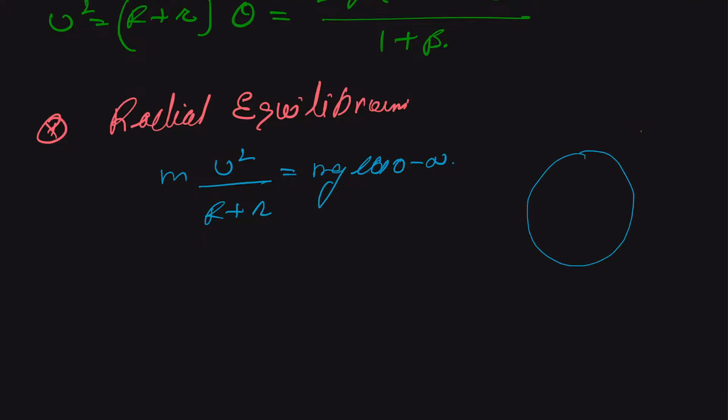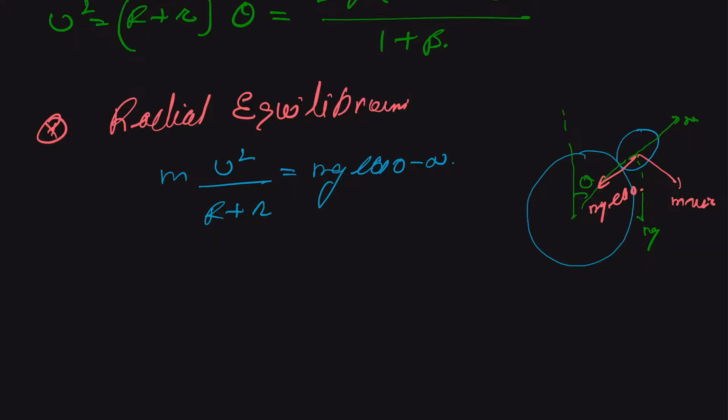Suppose the ball is somewhere here, and there will be the normal, and we are having our mg, and the angle it moved is our theta. So we can divide mg into two components, mg sine of theta and the other one will be mg cos of theta. So this is going to give us the centripetal.